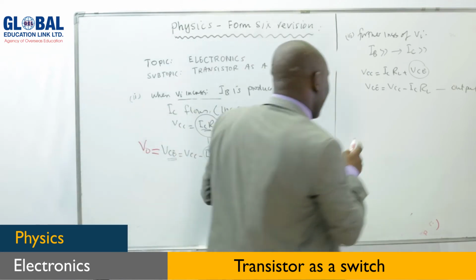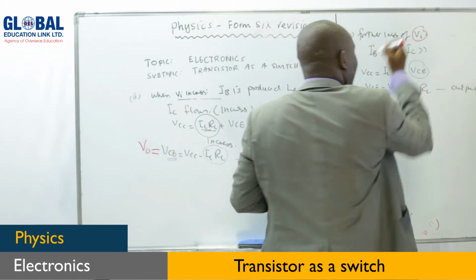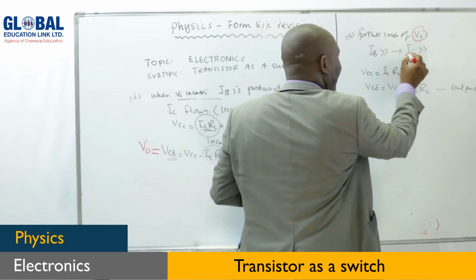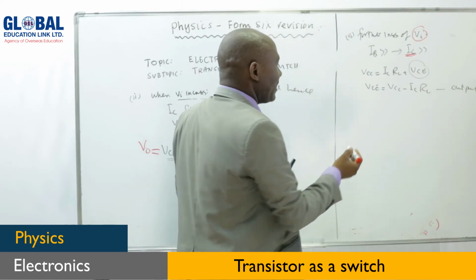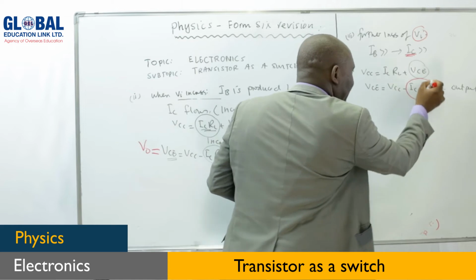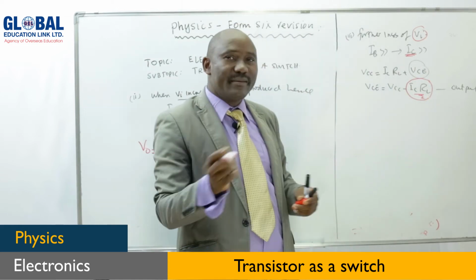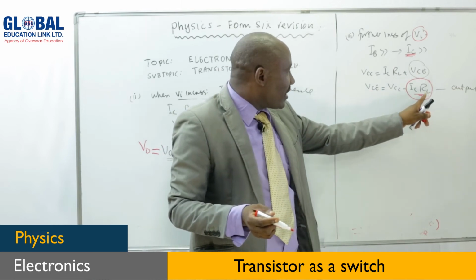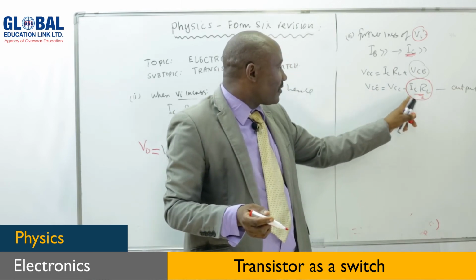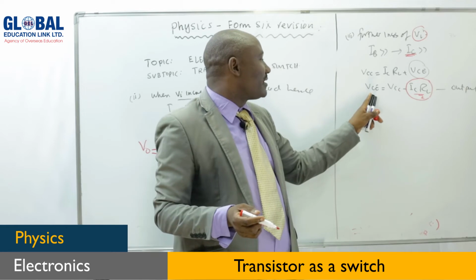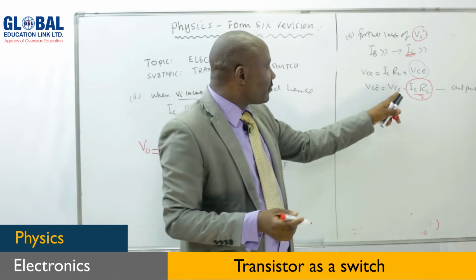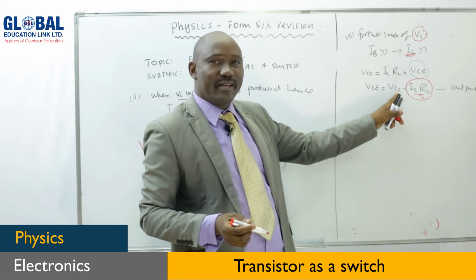So when the input voltage increases, it makes this current increase, and it also makes these values increase. When this value increases, it has a limit. It reaches a point where this voltage is equal. We said the output will never be greater than that. So there's a point where this voltage will be equal to the supply voltage.